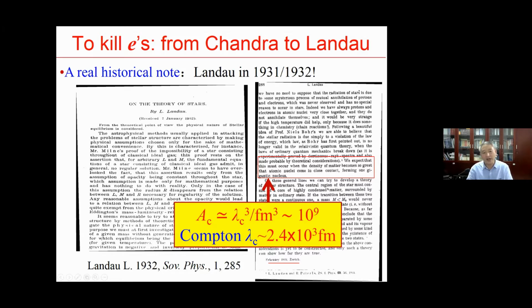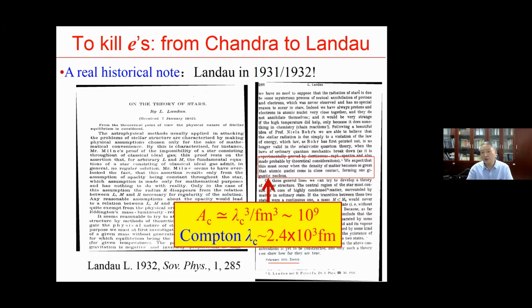And also we can estimate the typical or critical baryon number as the cube of the quantum wavelength divided by the cubic per meter, which is around 10 to the 9. Usually the highest baryon number of a normal atomic nucleus is around 300, just 10 to the 2.